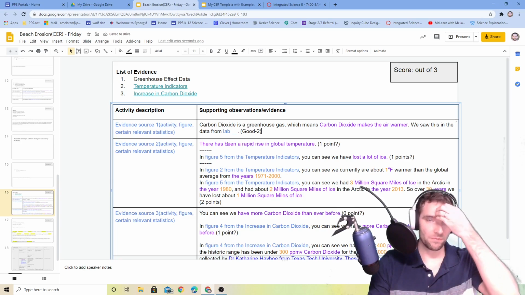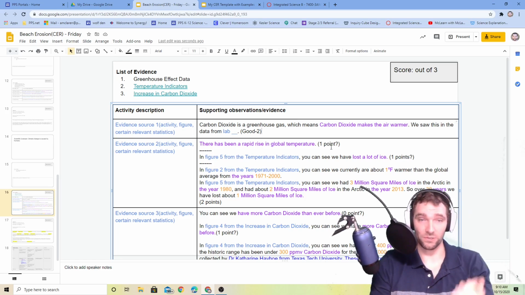Here, there's been a rapid rise in global temperature. Okay, how do you know that? If this was alone what you had written in for this box, this is a pretty terrible piece of evidence. Sure, there's an observation there, but it doesn't tell you where they're getting the information from. It's not measurable. It's just an observation.